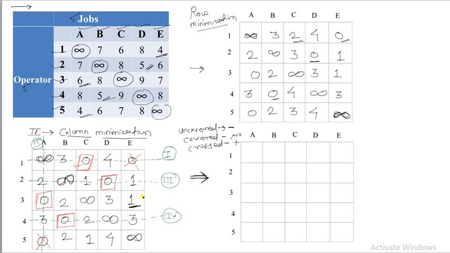Uncovered means through which no line has passed. So what we are going to do is select the minimum or least possible element from the uncovered elements and do the operations like this: subtract from uncovered, no change at the covered, and addition at the crossed.